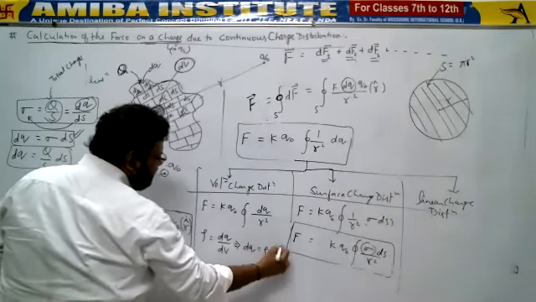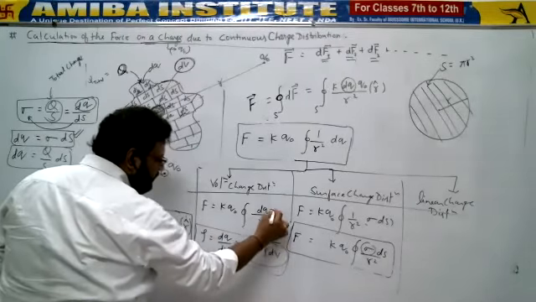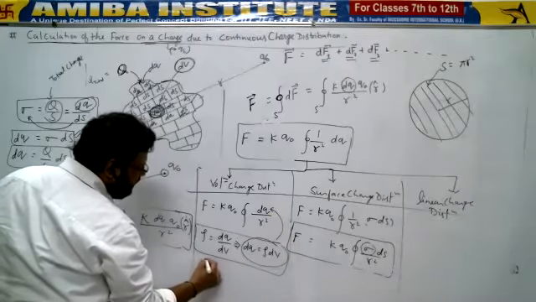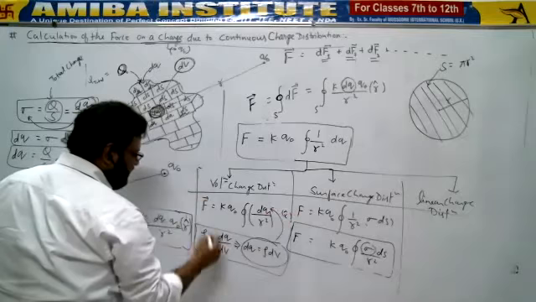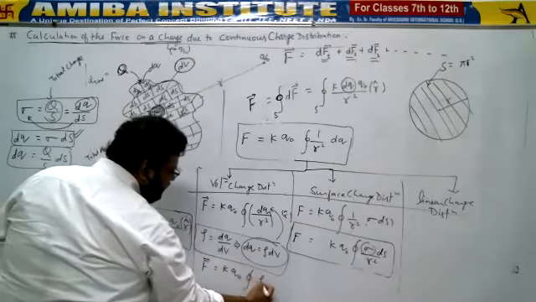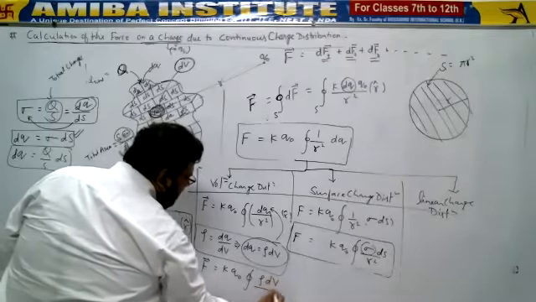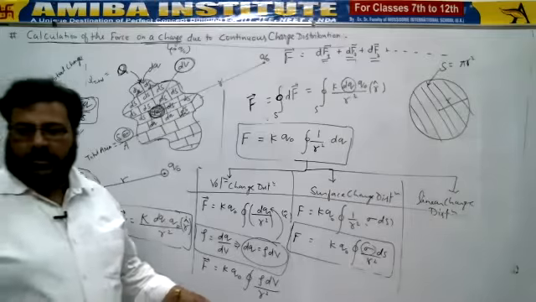Rho dv. So substitute this value of dq and you will get the formula of force, and obviously r cap is there in vector form. K q naught integration of rho dv upon r square.